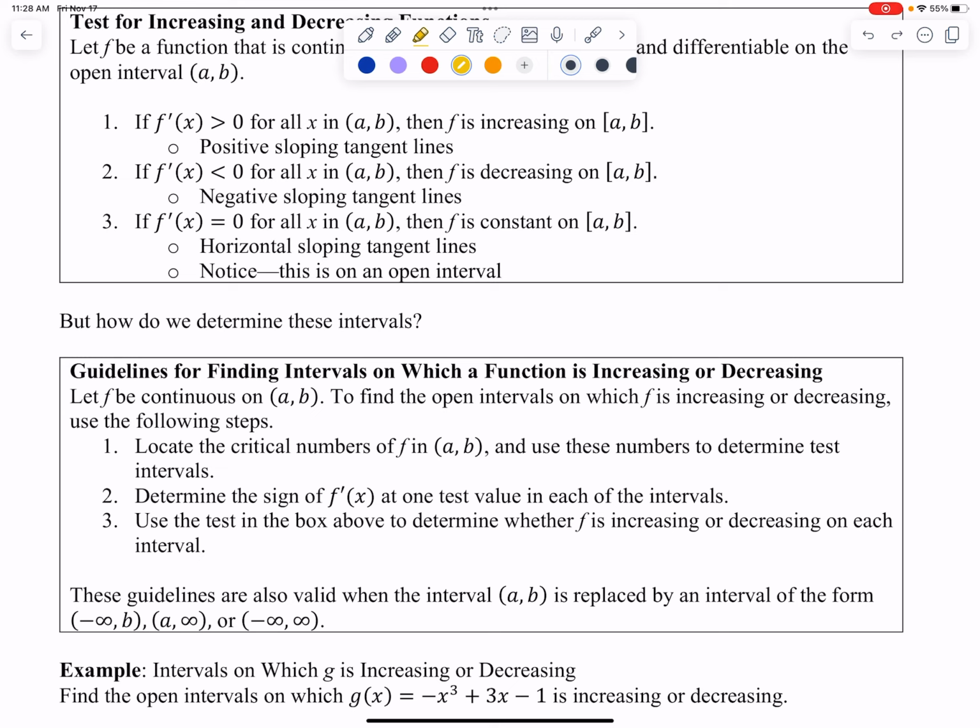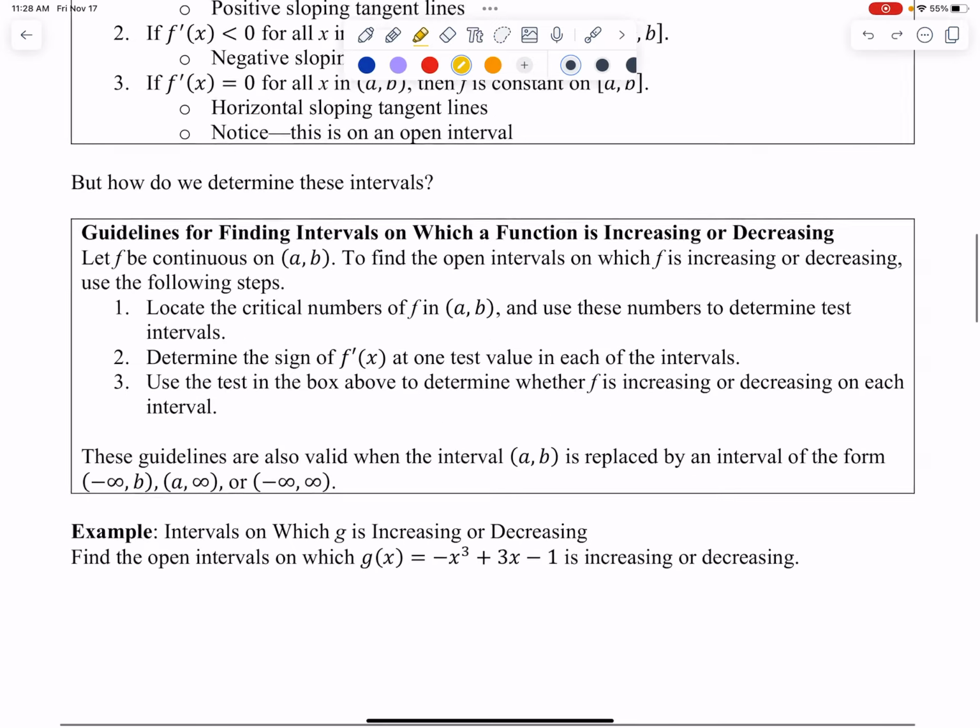And then we're looking for a sign change in the derivative. So if the derivative changes from positive to negative or negative to positive, or I'm sorry, I'm getting ahead of myself. Sorry, we're just looking at what we're talking about for increasing or decreasing. So we're looking for where f prime would be greater than 0 or where f prime would be less than 0 in order to determine those intervals.